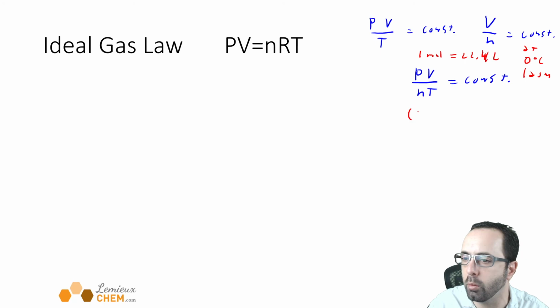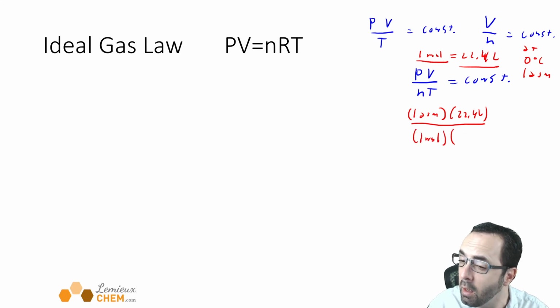So for pressure, we have 1 atmosphere. For volume, we have 22.4 liters. For the number of moles of gas, we have 1 mole of gas. And then for the temperature, we have 0 degrees Celsius, which is 273 Kelvin. And this is equal to a constant.